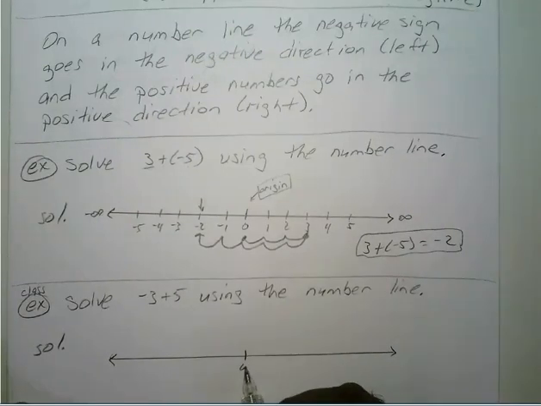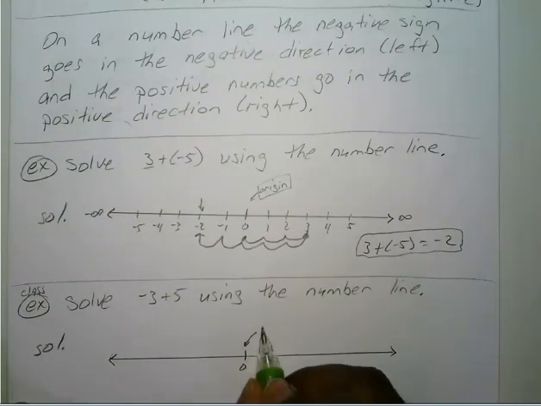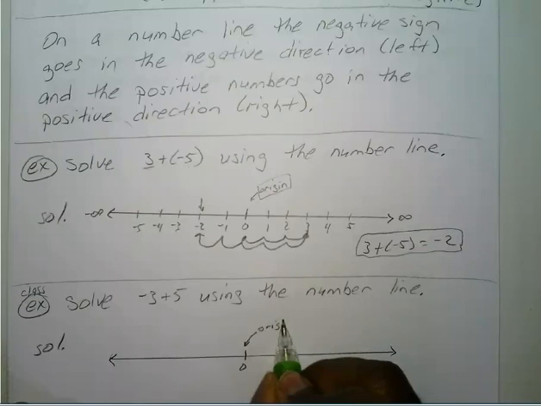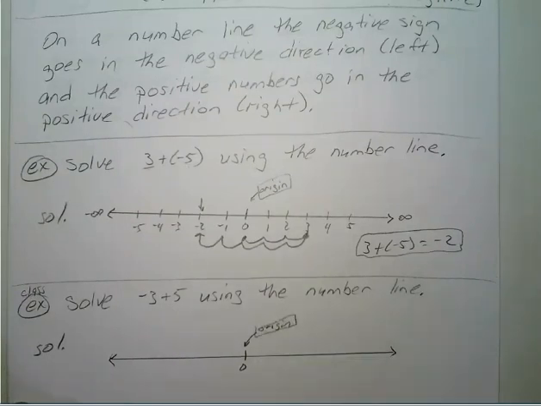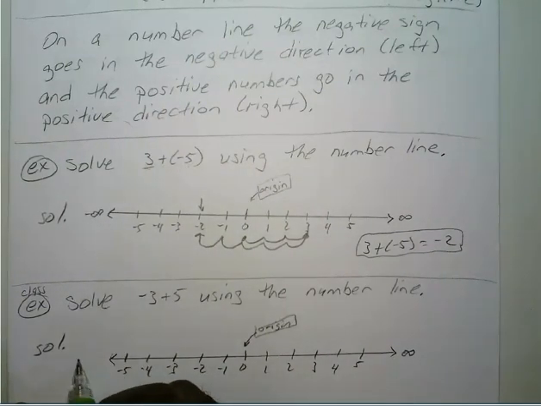Again, starting at the origin, which is 0, we can go 1, 2, 3, 4, 5, and that keeps on going to infinity, and negative 1, negative 2, negative 3, negative 4, negative 5, all the way to negative infinity.